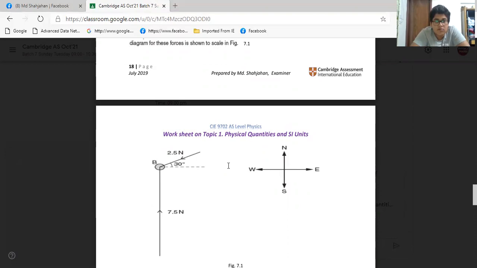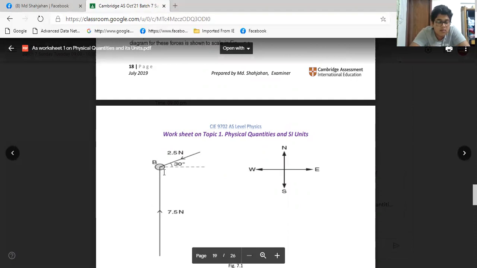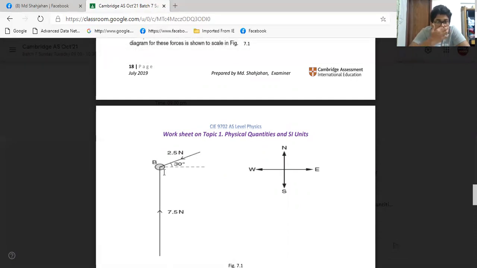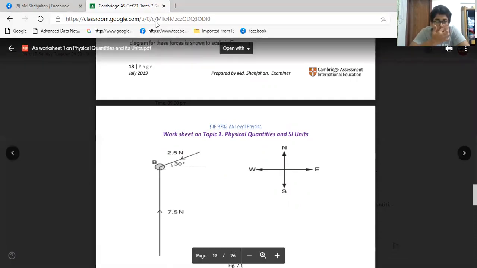We have to use that angle to find the angle exactly between these two forces. For this, you have to extend these two vectors. Like this vector, we will extend this side, and this vector we will extend this side.